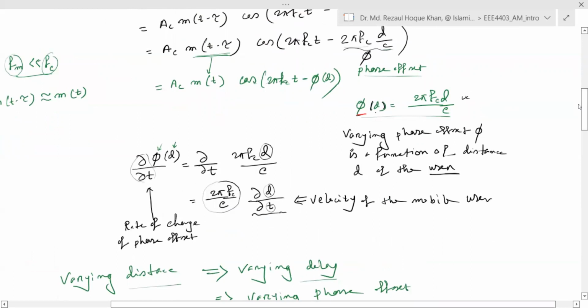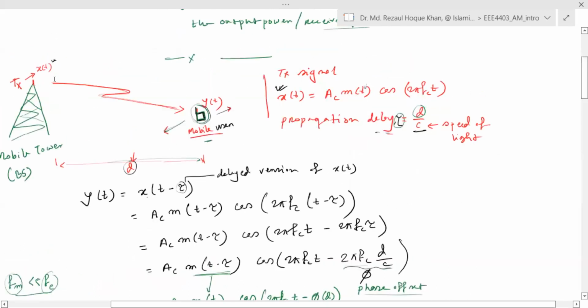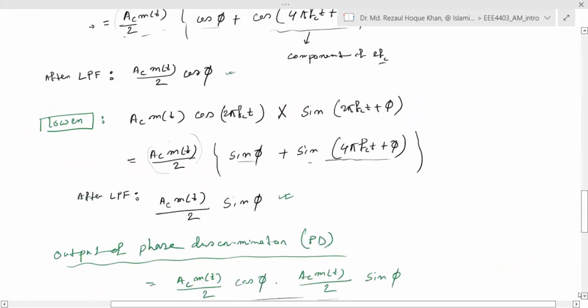This phase synchronization keeps the phi value always minimized, so we always receive the maximum receive power. That is the job of the Costas receiver. So here ends our lecture about the Costas receiver.